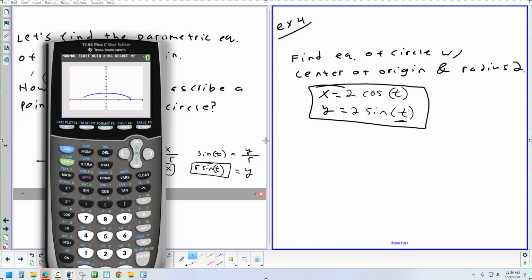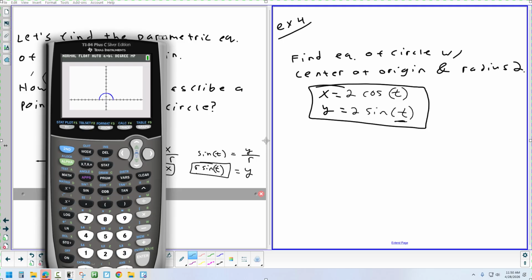It looks more like an oval because of my window, but it is a circle. If you count, that's 2 units, and that's 2 units. It's just the window isn't proportional. If you want to make it look proportional, you could always do zoom 5, and then it'll look equally spaced in every direction.